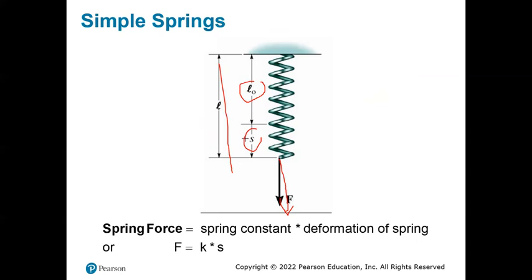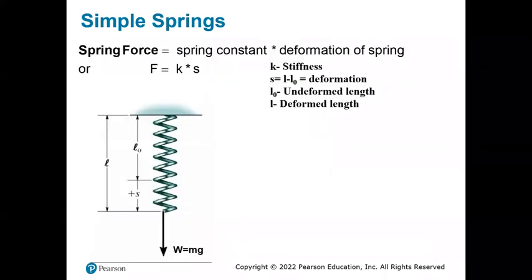So we know that spring force is equal to the spring constant times the elongation. If I know the weight acting on it, I put mg. Then I know the force equation.